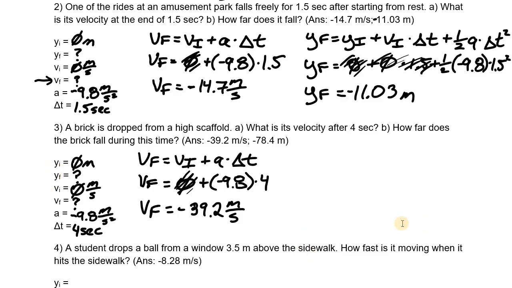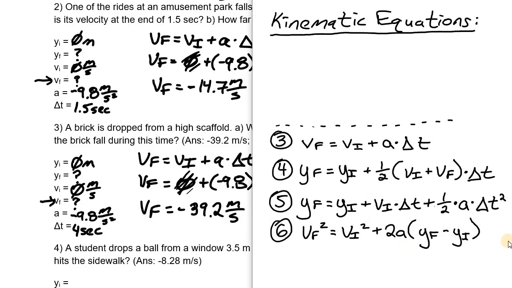Now let's get our YF. If we're looking for YF, I don't care about VF. We got VF right here, so not going to use this equation. Do we have VF over here? Yep, we got VF right there, so we're not going to use this equation. And do we have VF over here? No, we don't. We have VF right here, so we're not going to use this equation.